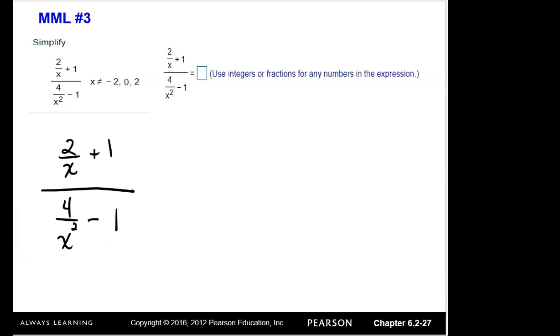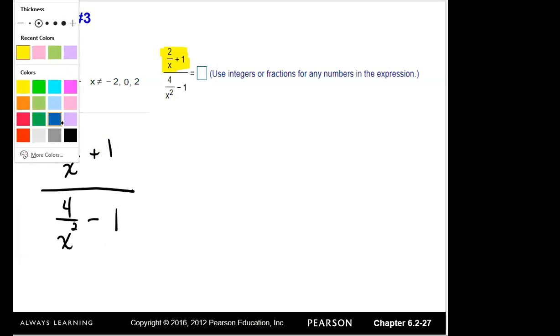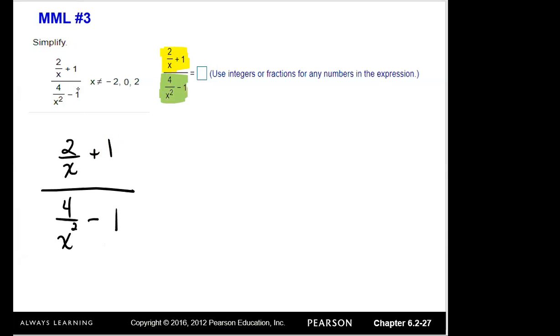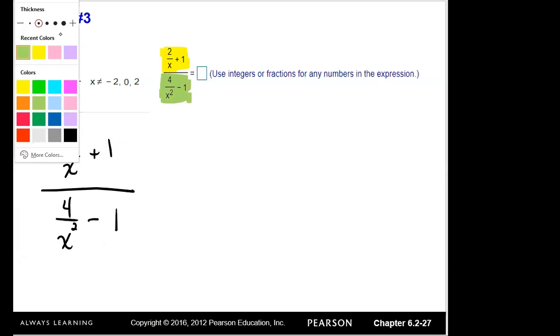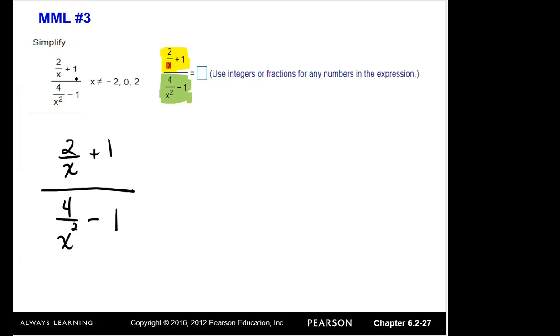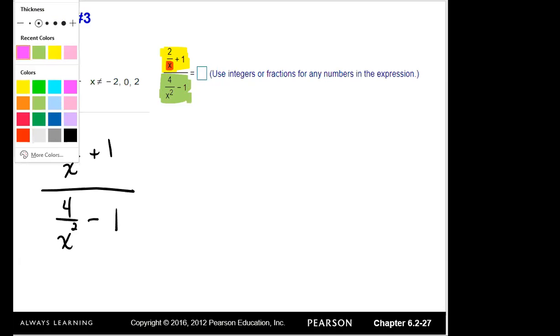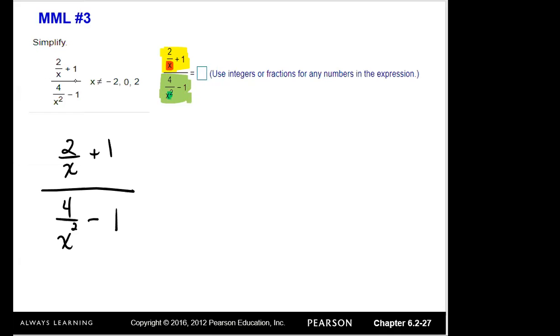You need to get rid of the little denominators. I have a big numerator. When I look at this, I see this is my numerator, and I see this as my denominator. But then within those two, I have this little denominator and this little denominator.